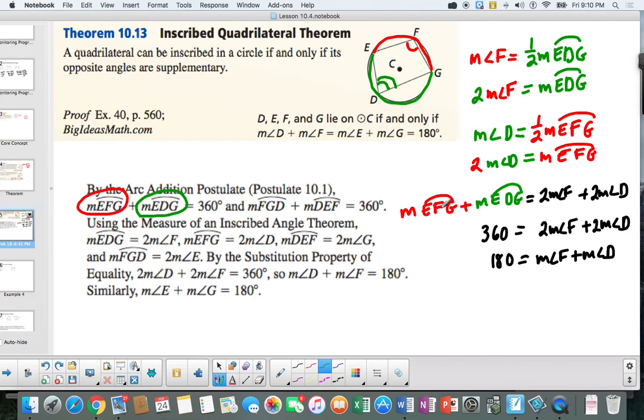The red arc is 2 times the measure of angle D right here, and the green arc is 2 times the measure of angle F. I know these two arcs add up to 360 degrees. If I divide everything through by 2, I'm going to get 180. So these two angles have to add up to 180.